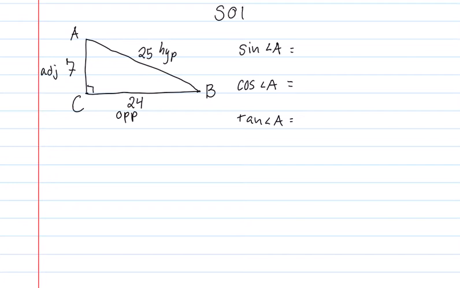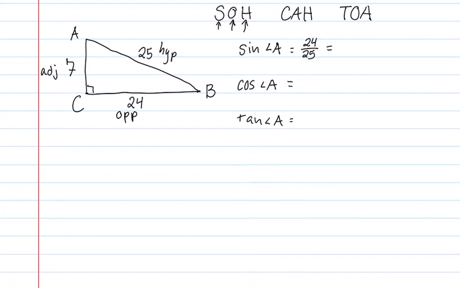And it's always helpful to write out SOH CAH TOA. So sine is the opposite over hypotenuse, so the opposite here is 24, and the hypotenuse is 25. So sine of angle A is 24 over 25, which I can type into my calculator and get an approximate decimal here.